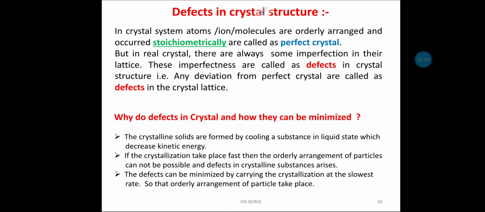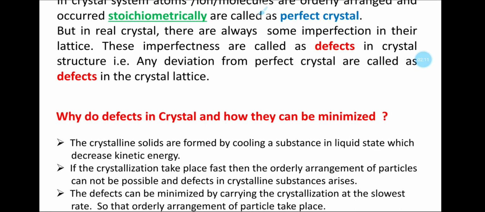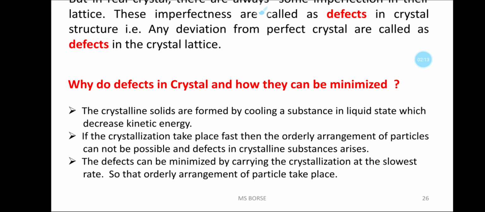So let us see why defects arise in the crystal and how they can be minimized. We can create the defects in the crystal, or we can minimize them, depending on the application. A crystalline solid is formed by cooling a substance in a liquid state, which decreases the kinetic or translational energy of the molecules.